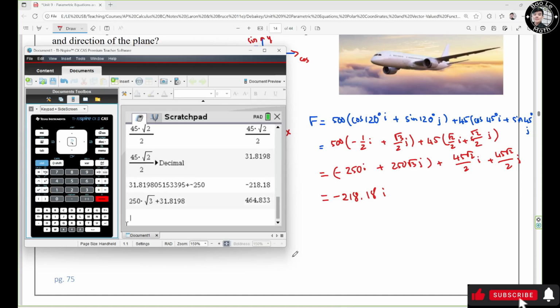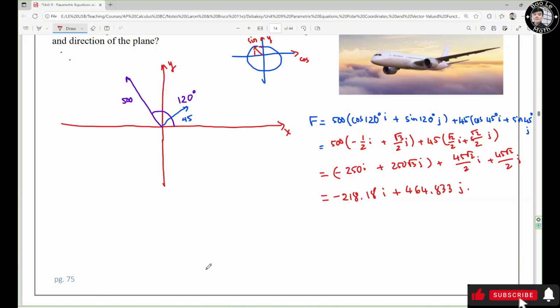The answer is 464.833. Alright, now you need to find the magnitude of the force. So this is the same thing as the square root of negative 218.18 squared plus 464.833 squared.